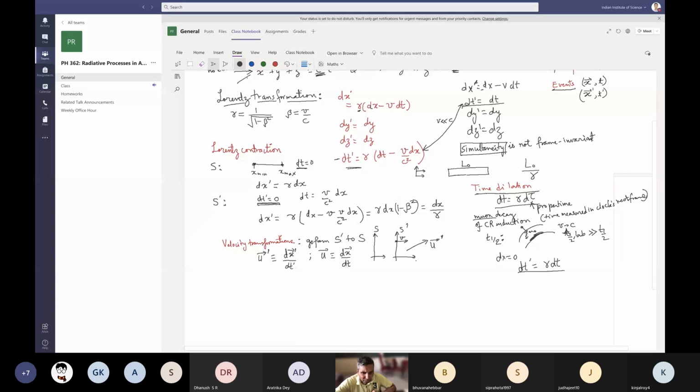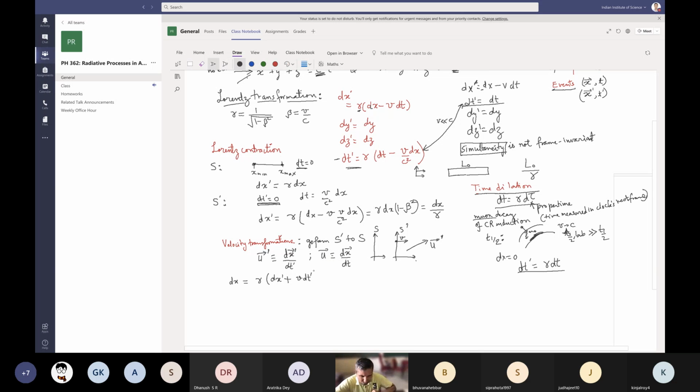We are now trying to go from S prime to S. That's fairly simple. dx equals gamma times dx prime plus v dt prime.